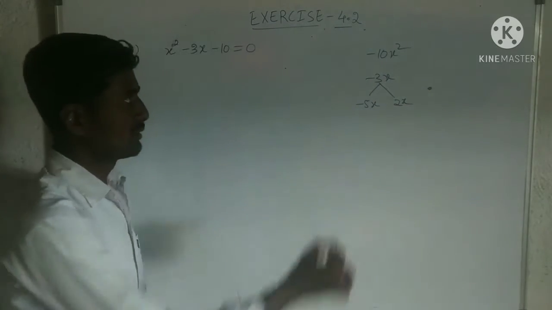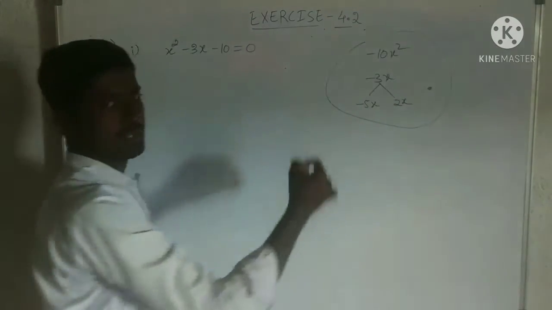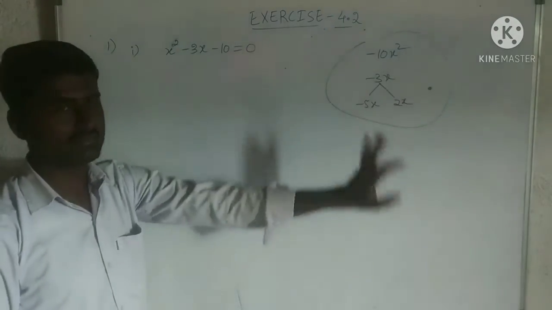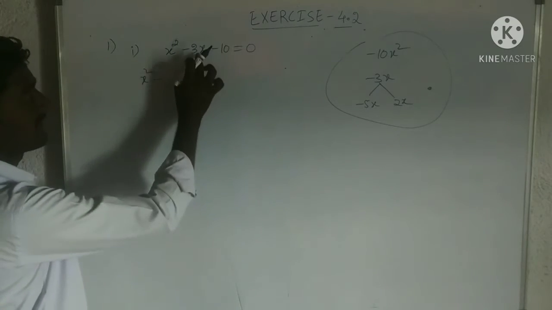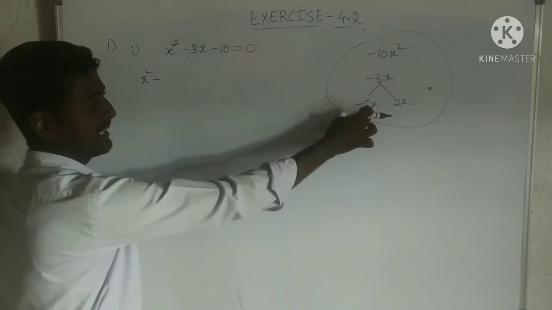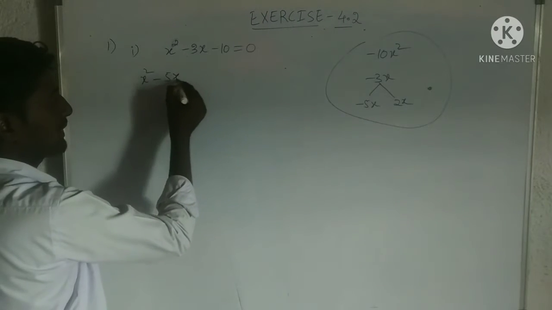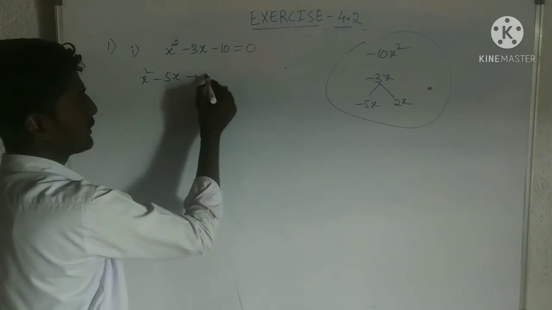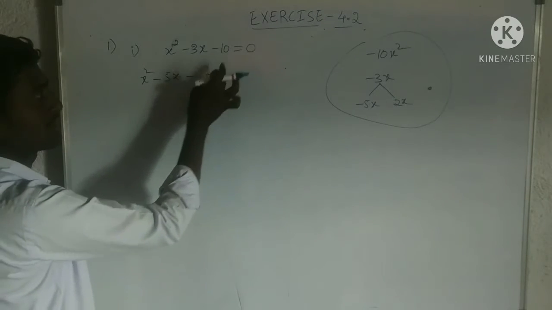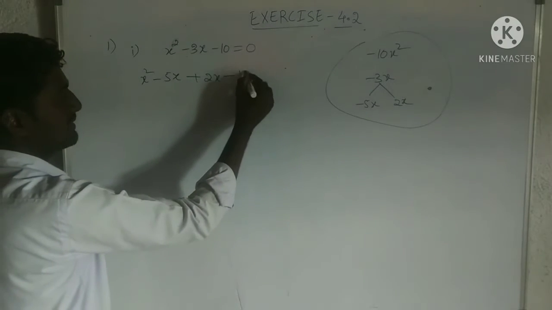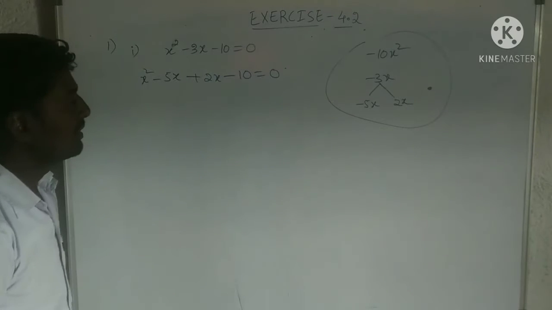This is for your understanding purpose only, no need to write it. Now x square, in place of minus 3x I can write minus 5x plus 2x, then minus 10 is there, equal to 0.